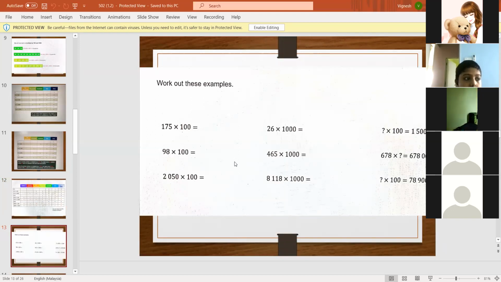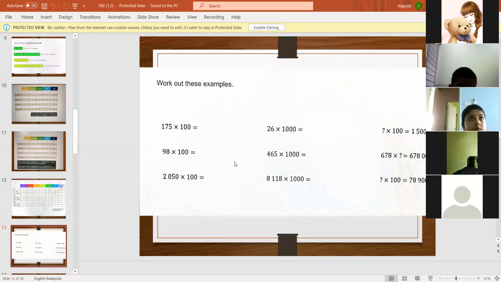Adishwara, number 2. 98,000 or 9,800. Okay. Herman, number 3. 205,000. Very good. Sheng Wei, number 4. 26,000. Okay, good. Daniel, number 5.